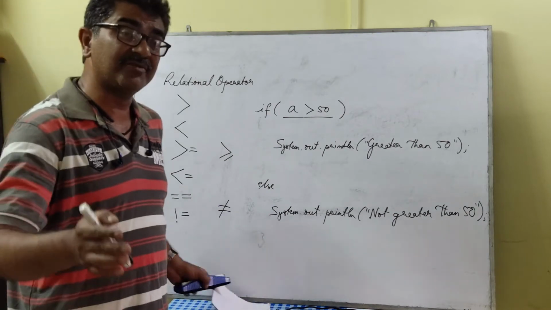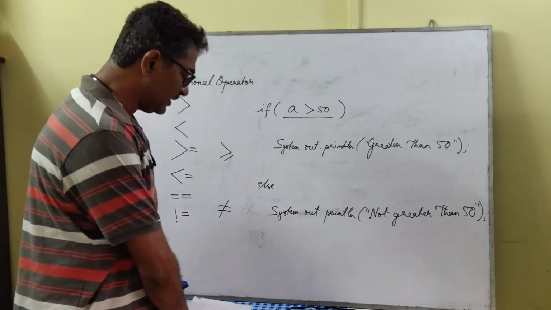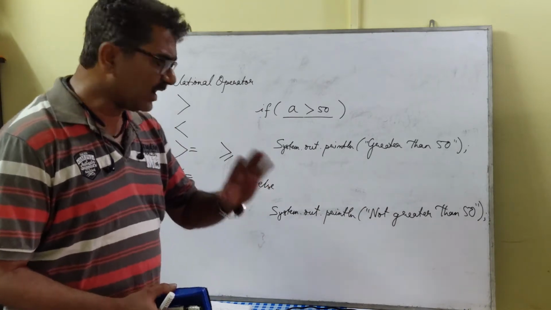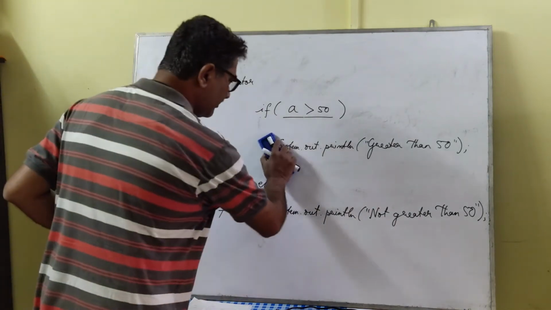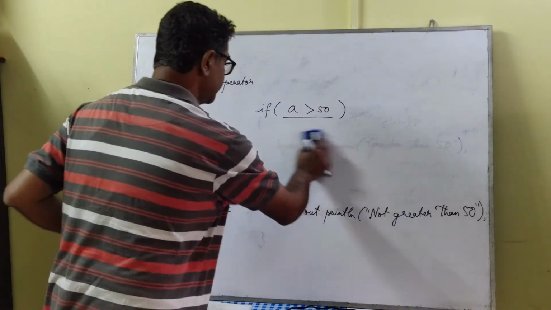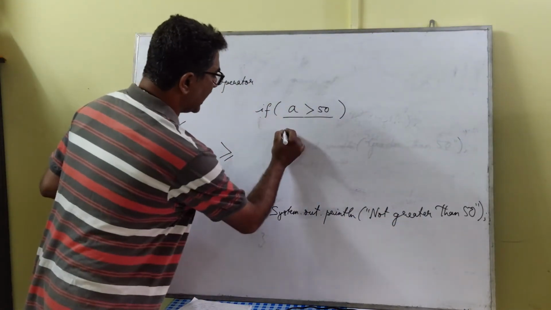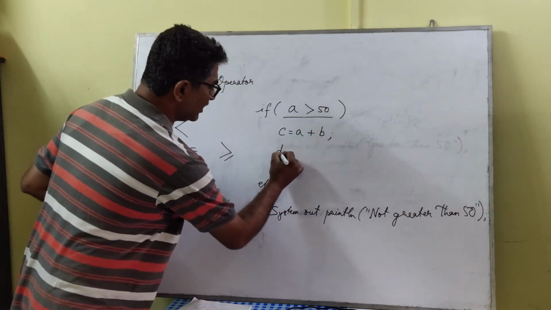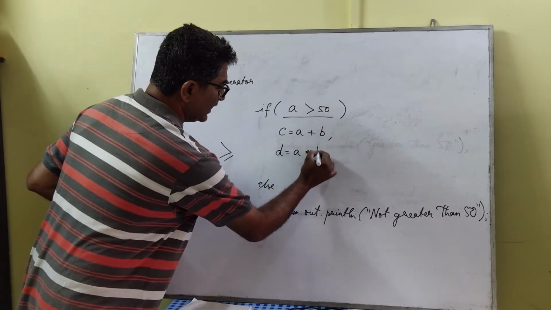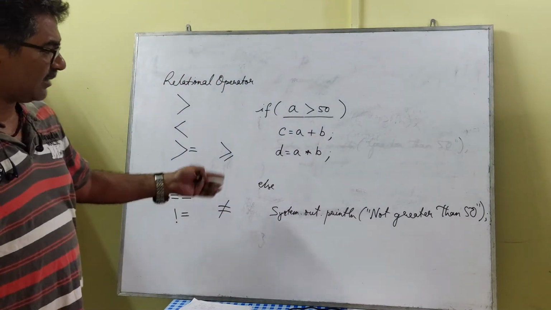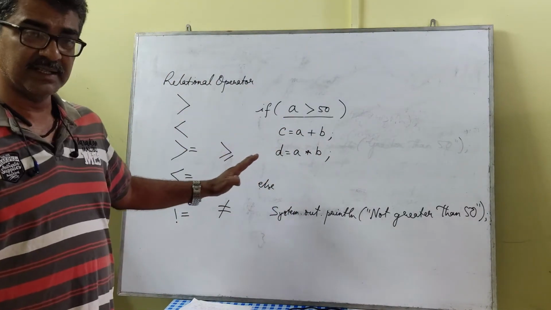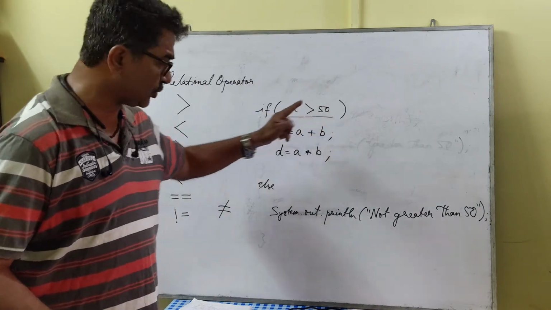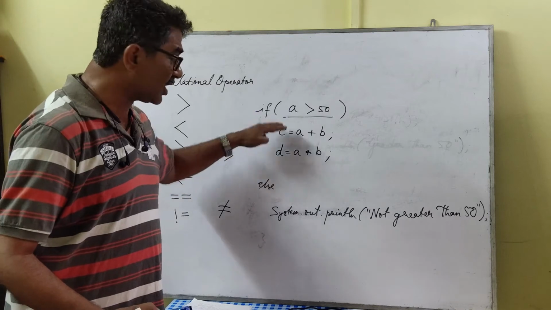Say for example, I have to perform a certain calculation that involves a condition. Say for example, I need to do something like this: c equal to a plus b, where all these are variables, d equal to a into b. Now this time you cannot leave it just like that. You have to put the braces to indicate that if this condition is true, two statements are to be executed.